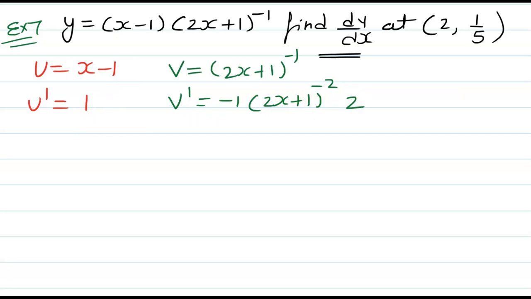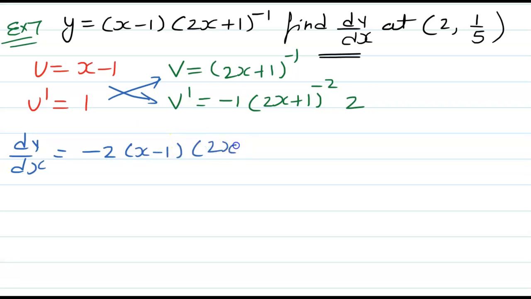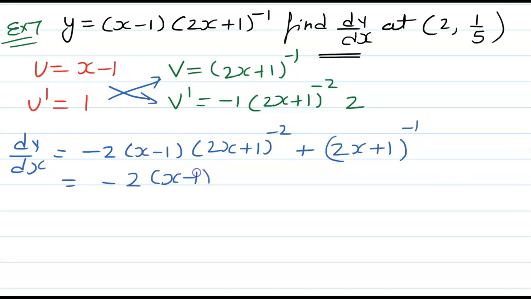Now we can apply the product rule formula, that is uv dash and vu dash. So dy over dx is, multiplying this, minus 2(x minus 1) times (2x plus 1) to the power minus 2, and here it is (2x plus 1) to the power minus 1. So we can write down minus 2(x minus 1).